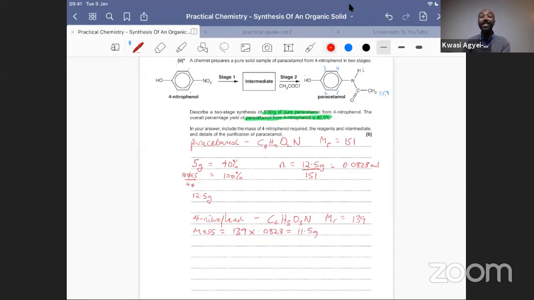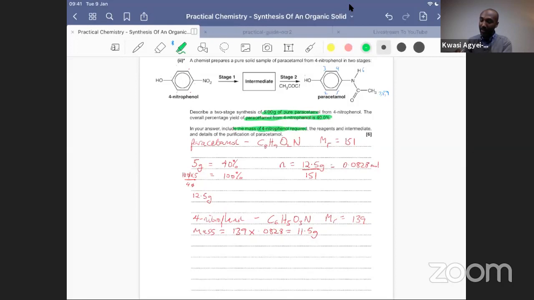So we would need to use 11.5 grams of 4-nitrophenol to get our 5 grams of pure paracetamol at 40% yield. That is an important calculation you would need to do before you actually carried out the experiment.